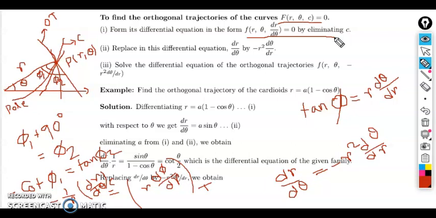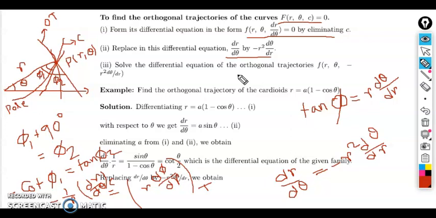Next we replace dr by d theta by minus r square d theta by dr. Exactly from this concept we can find it. And solving this differential equation we get the orthogonal trajectory in terms of r, theta and some arbitrary parameter.